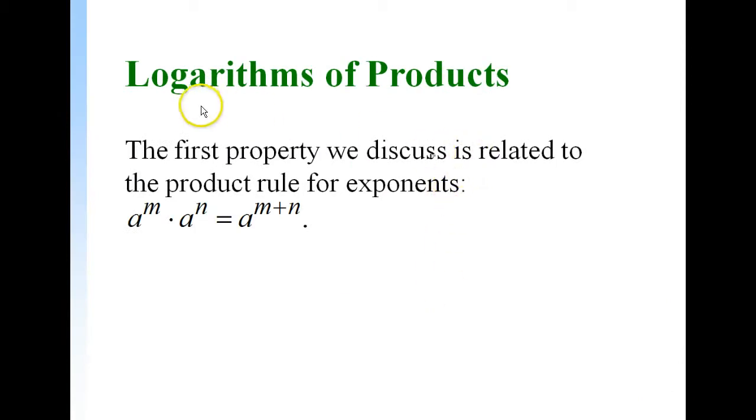So as we look at logarithms of products, the first property we discuss is related to the product rule of exponents. That is, if your bases are the same and you are multiplying them and they have exponents, you just add the exponents and you get this.